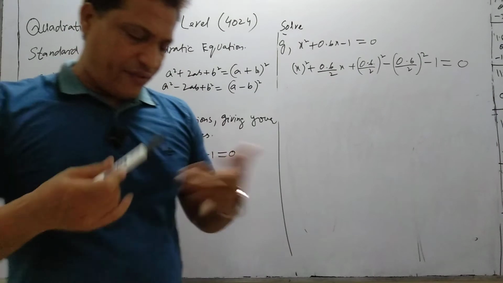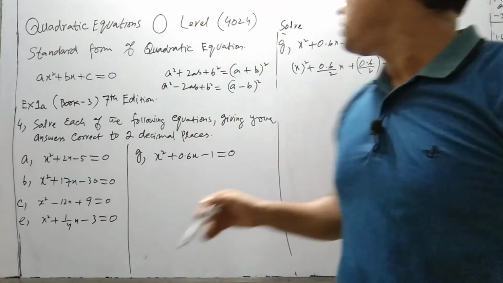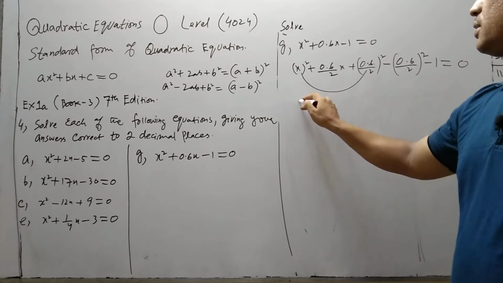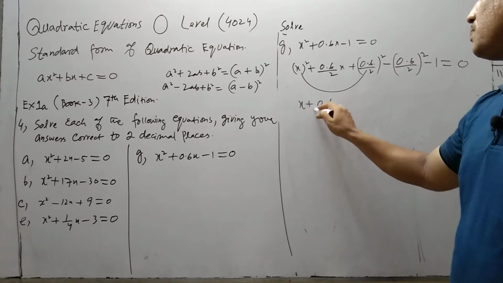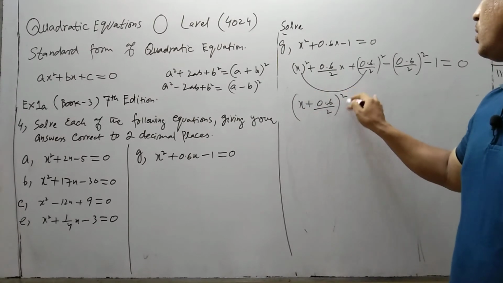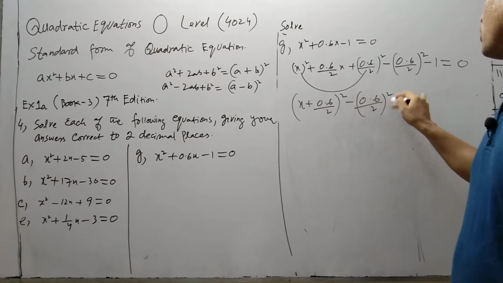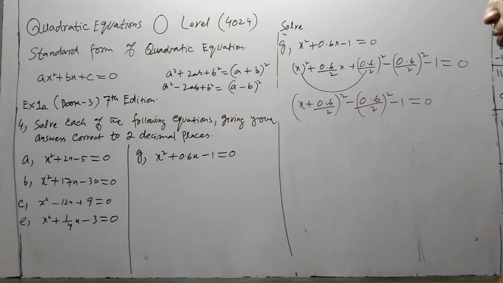What do we have to do next? (a + b) whole square. So (x + 0.6/2)² − (0.6/2)² − 1 = 0.